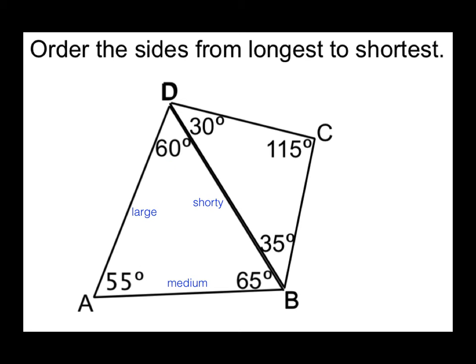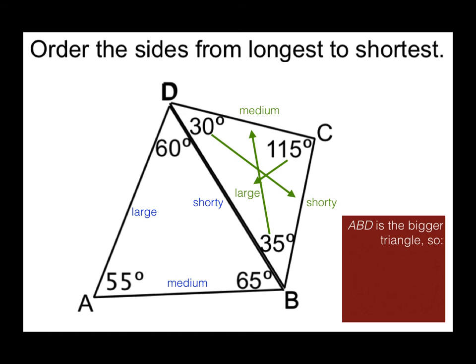Do the same with the right-hand side. I see 115 is the largest angle of the right-hand side triangle. We've got my medium angle and the smallest angle. So the thing to recognize is that BD is the largest side of the triangle on the right. It's the shortest side of the triangle on the left.